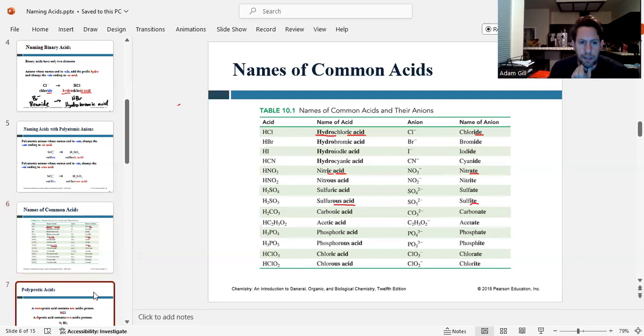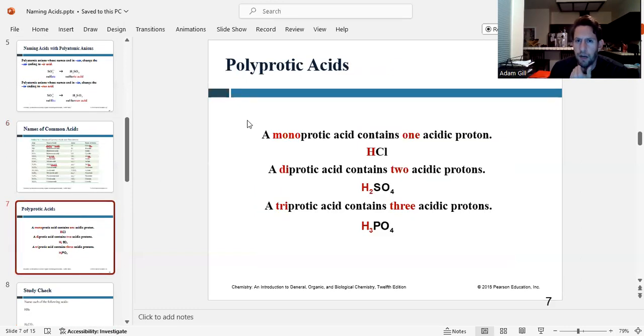Now, acids can be monoprotic, diprotic, or triprotic. And this refers to how many hydrogen ions the acid can give off. So a monoprotic acid gives off one hydrogen atom. Now, hydrogen ions are often referred to as protons. And this is because hydrogen only has one proton and one electron.